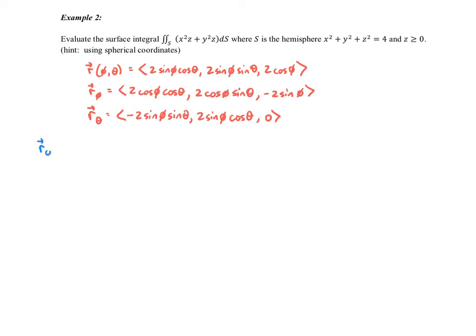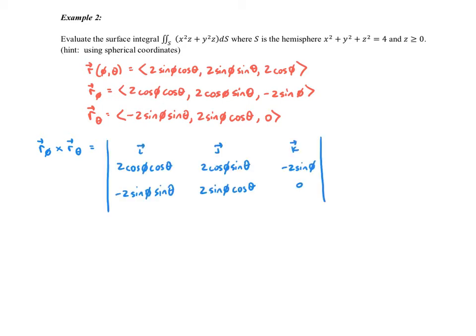So we have the partial with respect to phi crossed with the partial with respect to theta. I'm going to pause and set this up. Okay, so I've just substituted in my vectors here, gotten it all set up. Let's go ahead and start to calculate this. So we have 0 and then minus a negative, so we have a positive 4 sine squared phi cosine theta for our first component.